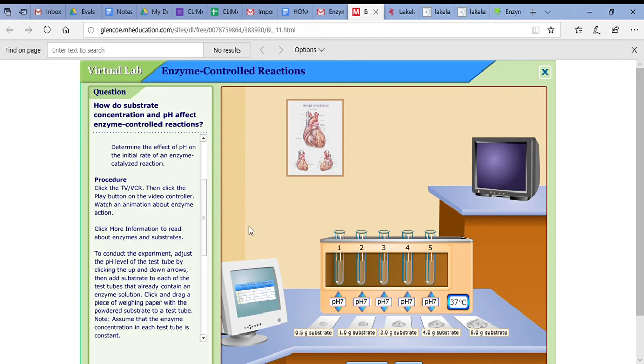Okay, now notice it says 37 degrees Celsius. This is like body temperature. So we're looking at the ability of it to function. We're not going to change the temperature, but we're going to change the pH, and we're going to change the amount of substrate that we're adding to whatever enzyme we're looking at.